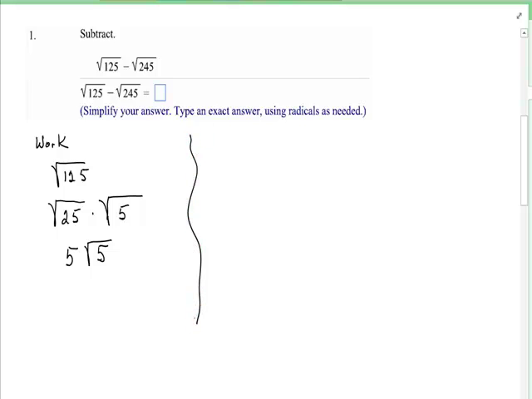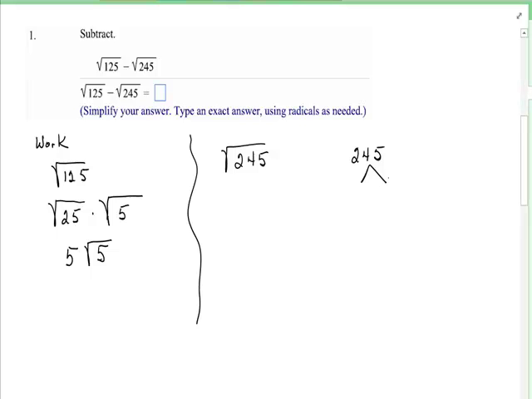The next part of my work is to simplify the square root of 245. But perhaps 25 goes into it. We'll see. If you take 245 and divide it by 25, it does not go in evenly. So what should we try? Well, let's go over here and take 245. What do you want to divide into it?